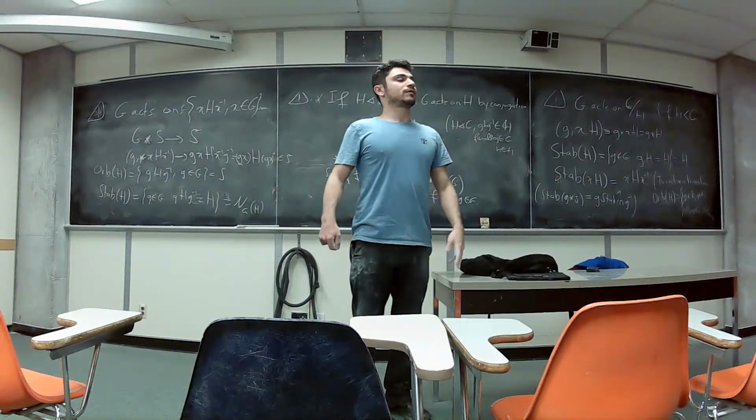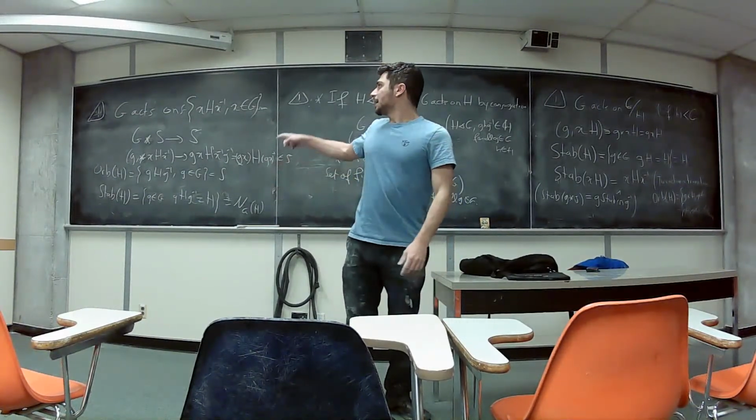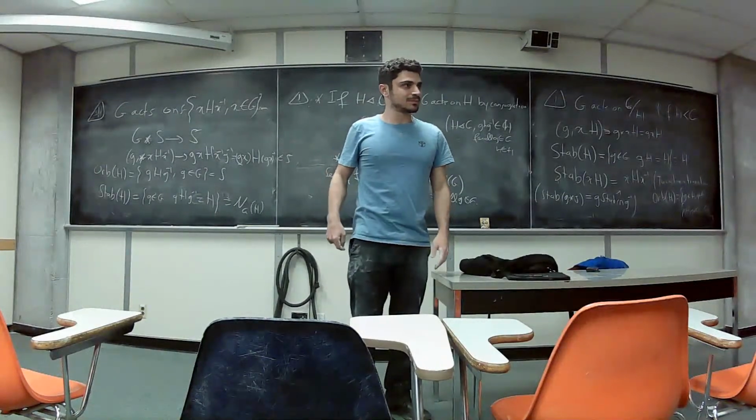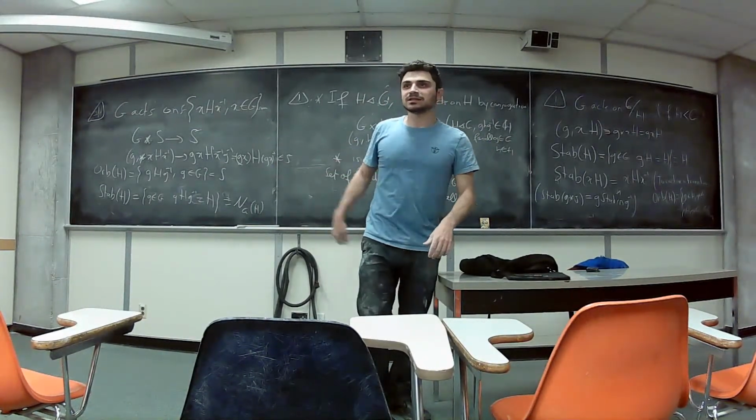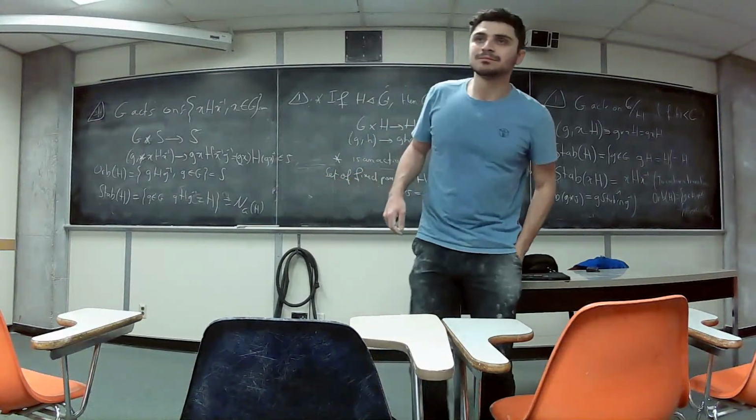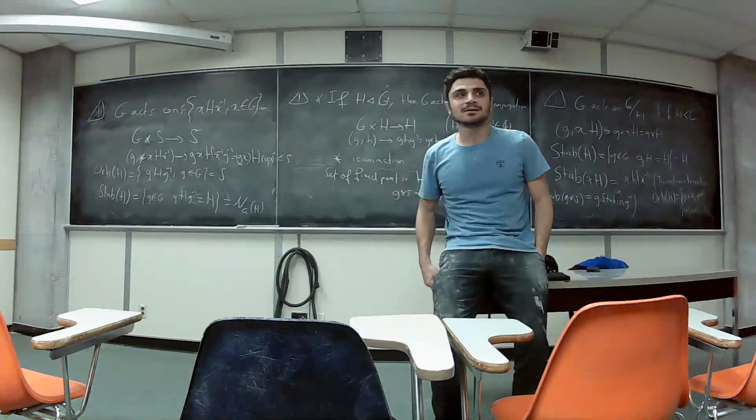So if I tell you H has 5 conjugates, including itself, what is the index of the stabilizer, by the orbit stabilizer theorem?